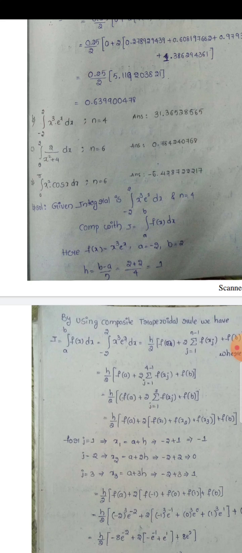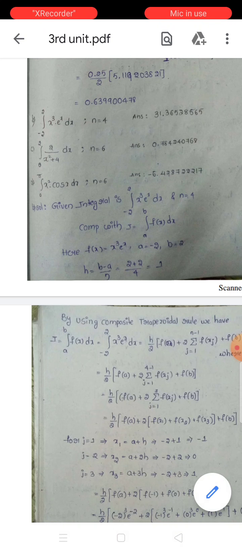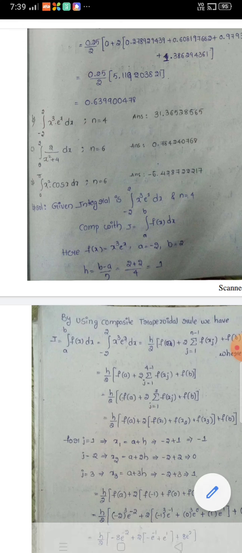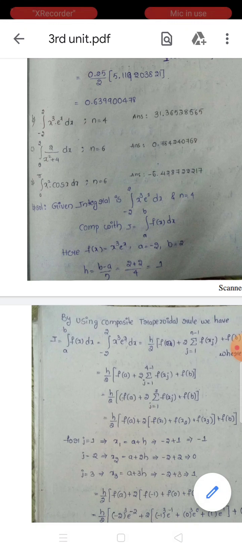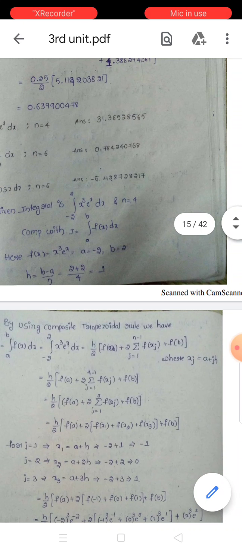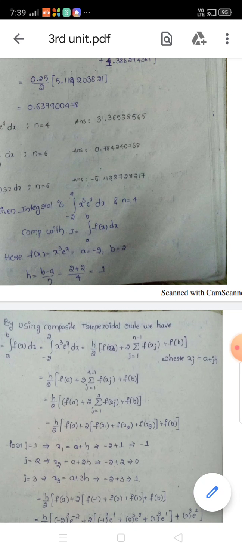By using composite trapezoidal rule, we have I equals integral a to b f of x dx equals integral minus 2 to 2 of x cube e power x dx equals h by 2 into [f of a plus 2 into summation j equals 1 to n minus 1 f of xj plus f of b], where xj equals a plus jh.